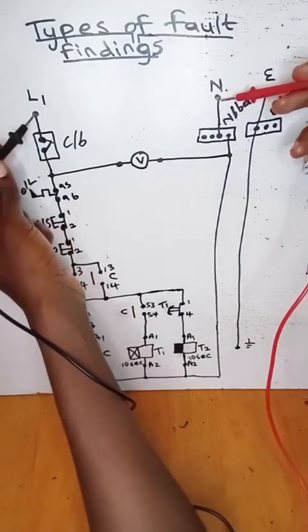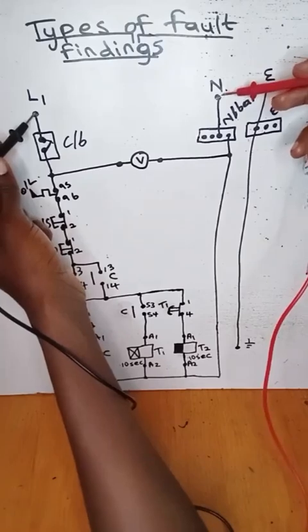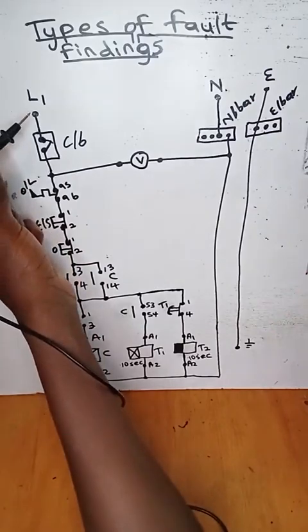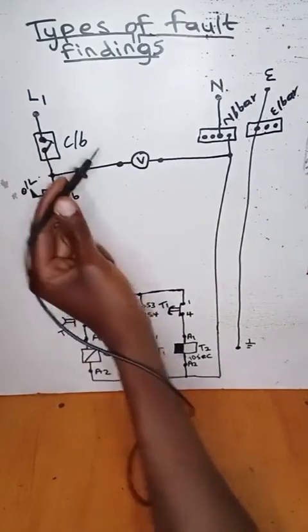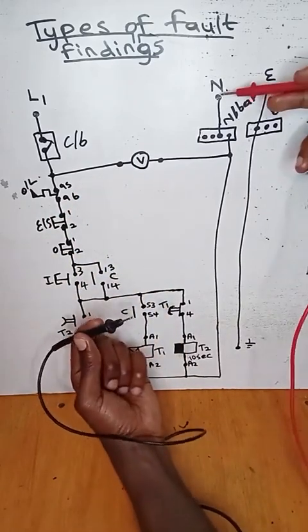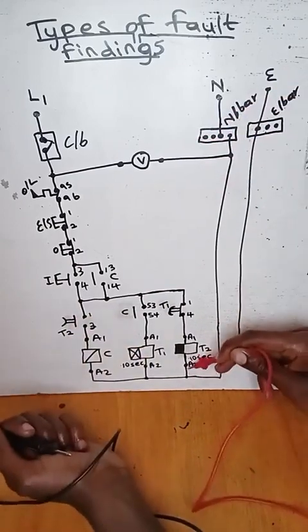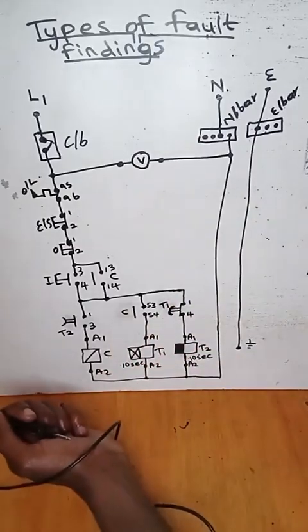So when I put my leads here and here from the scale of the continuity test, it's the same as I've tested the live from here to here to here to here, with the neutral from here until here and until all the A2s.